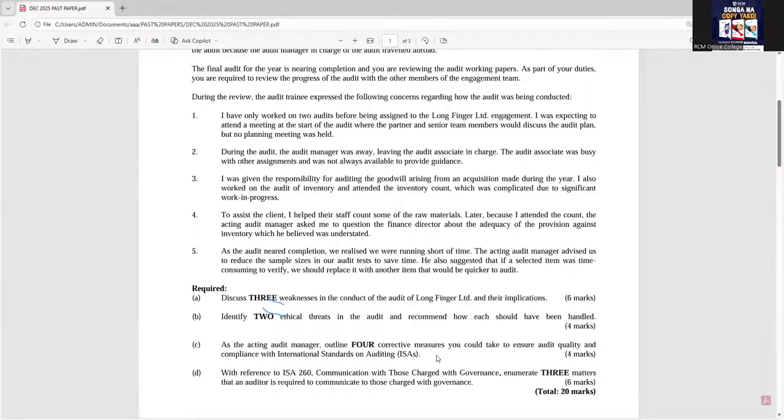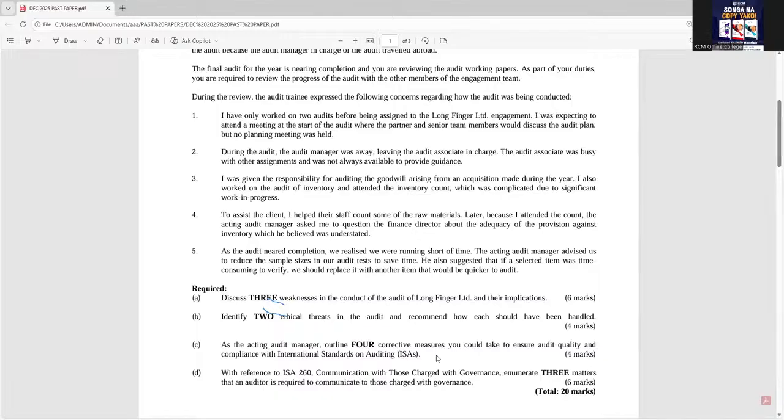All the ethical requirements of an audit should be observed: integrity, professionalism, independence and objectivity, and competence. Then after the work has been conducted, you review. At the same time, when the work is happening, you ensure there's supervision.